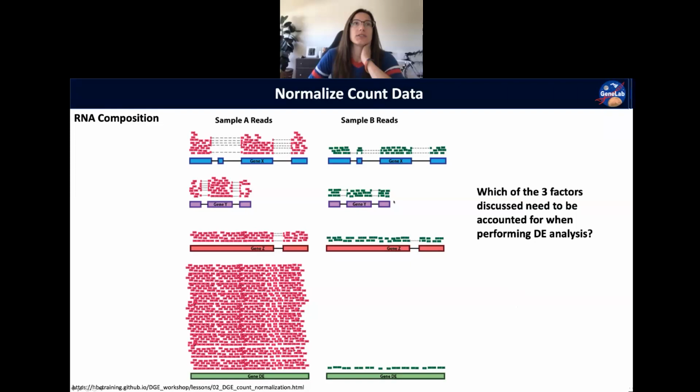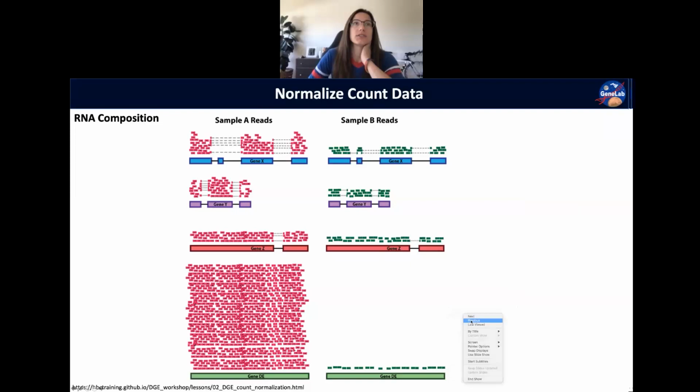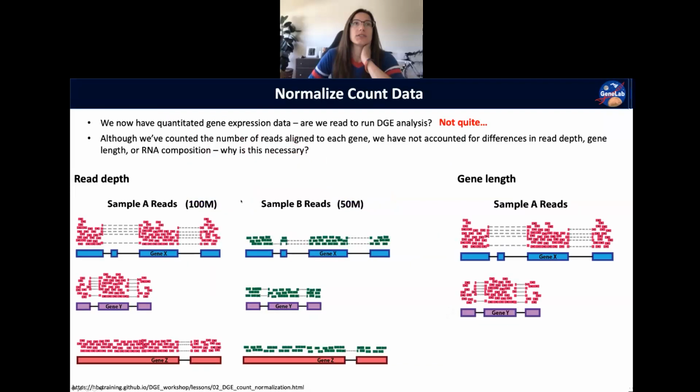So let's think about this. Let's start first with read depth. The picture kind of tells you this answer for you. If we want to compare expression of these genes in sample A to expression of these same genes in sample B, is it going to be a problem?